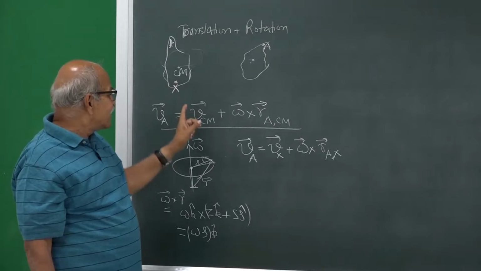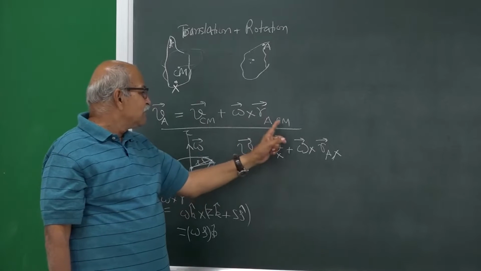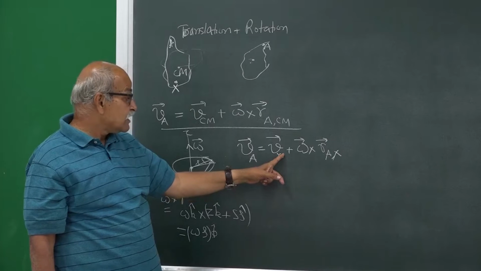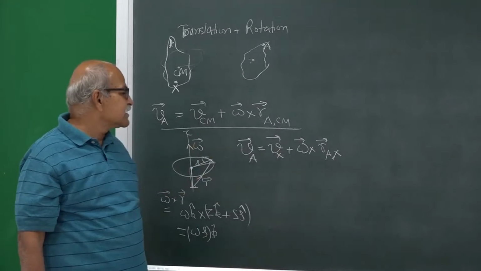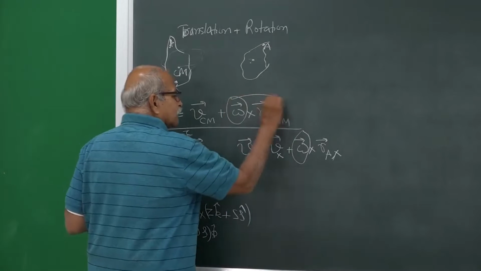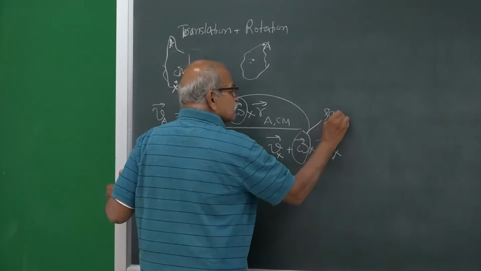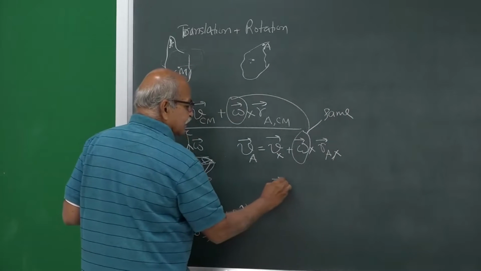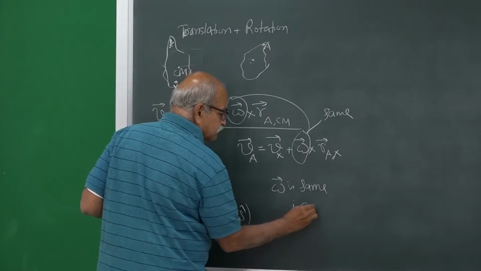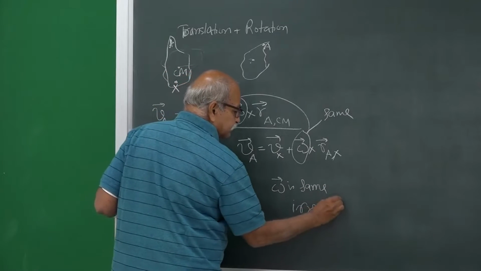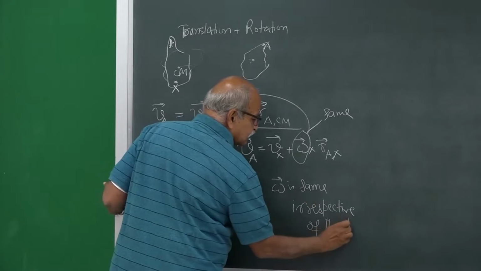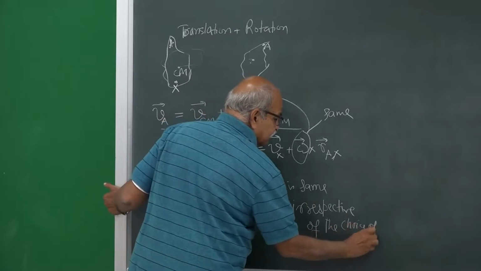So, you can write this kind of relation not only for the center of mass, but for any point fixed in the body. And the most interesting part is that this omega and this omega are the same. Omega is the same irrespective of the choice of x.